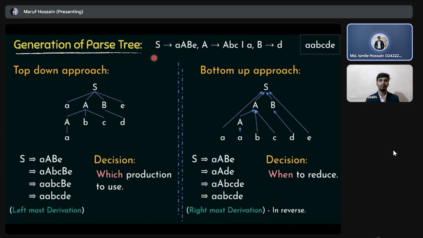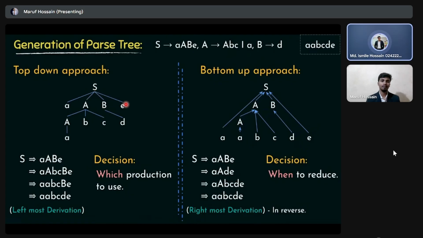In the next slide, we can see that there are two main strategies for building a parse tree. One is top-down, and the other is bottom-up parsing. In the top-down approach, we start from the start symbol, like S in our example, and try to expand it downward to match the input string.